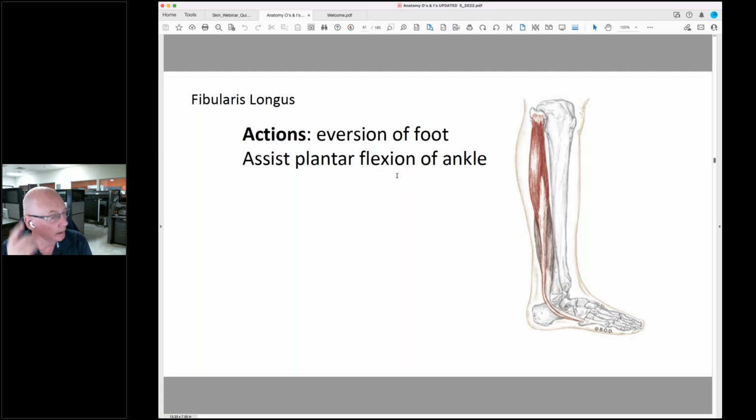Eversion of the foot, and it assists in plantar flexion of the ankle. Obviously, the gastrocnemius and soleus are the muscles that plantar flex the ankle, probably more prominently. This one just helps it out.